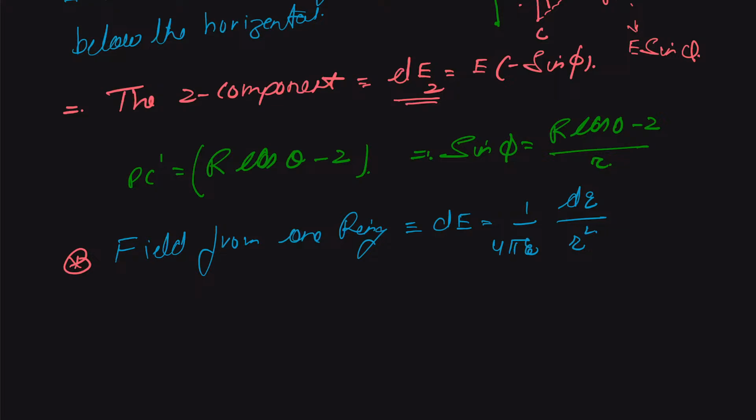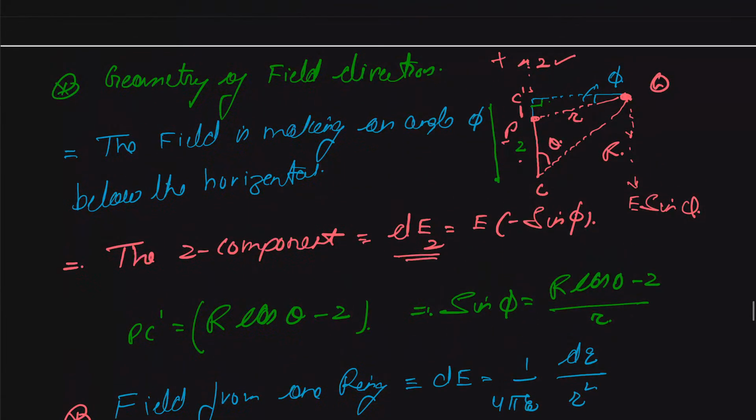So this is the field from one ring at point P. Everything we calculate is with respect to point P, which is lying on our z axis. So we are only interested in the z axis, nothing else.